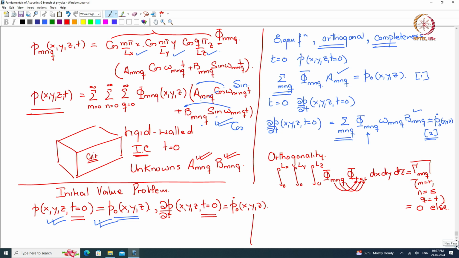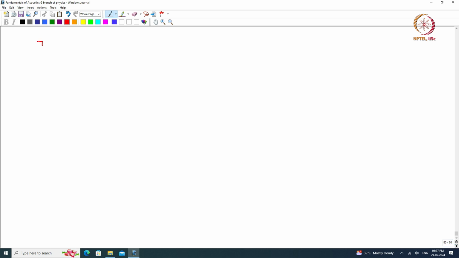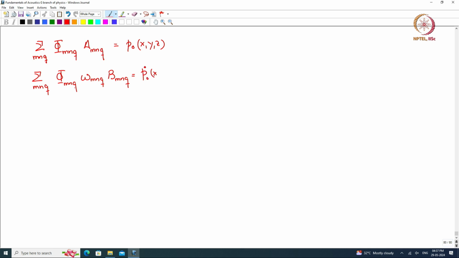So now how do we do this? We have the summation over mnq of phi_mnq A_mnq equal to p0(x, y, z), and the summation over mnq of phi_mnq omega_mnq B_mnq equal to p dot 0(x, y, z).